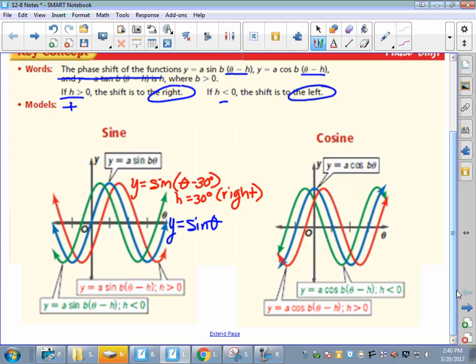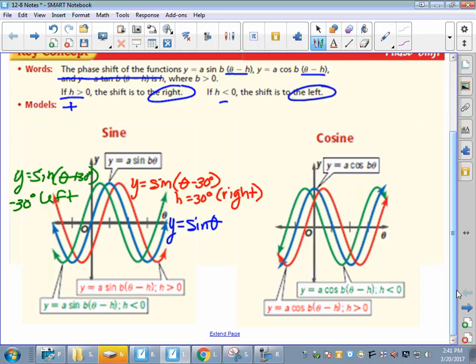The green graph shifts to the left of the blue graph, and that's because the phase shift is a negative value. So let's put y is equal to sine, parentheses, theta plus 30 degrees. And the plus 30 is really telling us that the h value is a negative 30, and so we're going to move left. Again, highlight that statement along with the same color as the green graph.